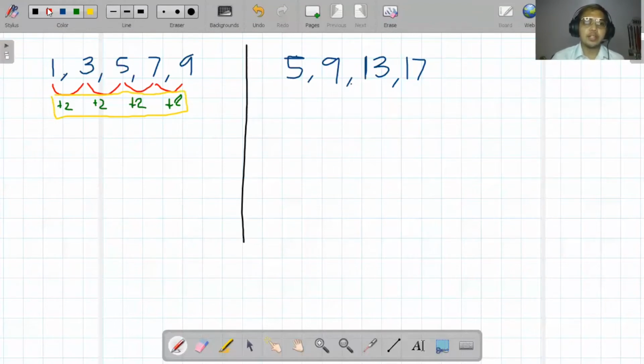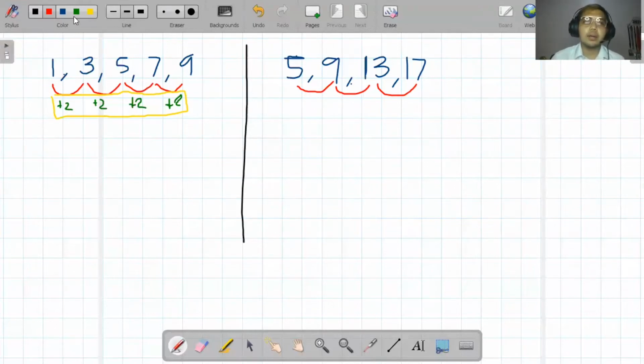If we transfer to this other example, 5, 9, 13, 17. The 5 became 9, the 9 became 13, the 13 became 17. So, what is their pattern? The 5 became 9, so if you count, the 9 became 13.